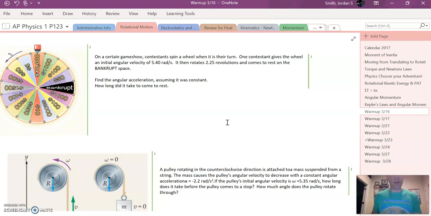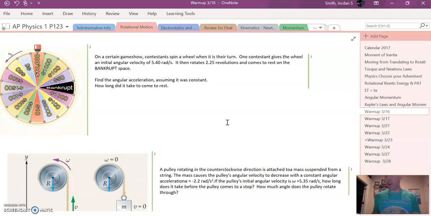So we need to find the angular acceleration, and we need to find how long it took to come to rest. All right, so this is what we have. The problem is that we don't have everything in the same language.